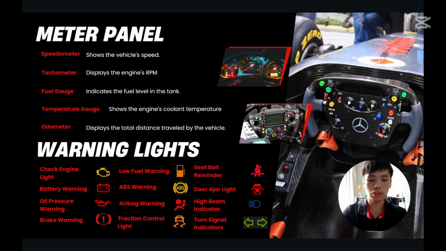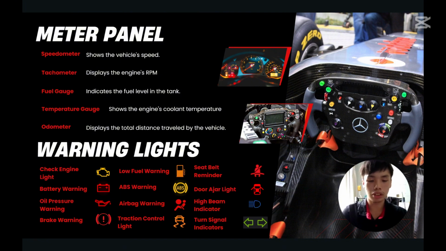The airbag warning shows when the airbag is deployed. The traction control light usually triggers when the wheel is spinning and the vehicle will slow down to control the traction of the car. The seatbelt reminder tells the driver or the passengers to fasten their seatbelt.